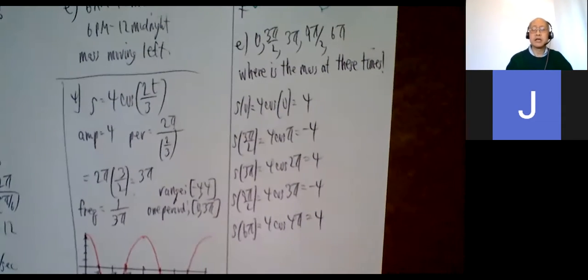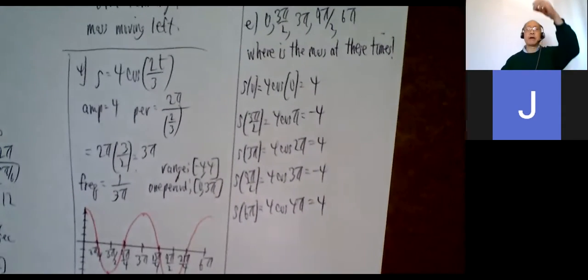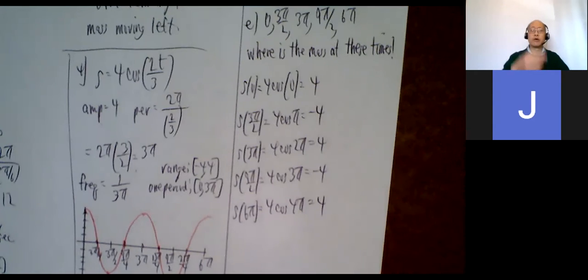Okay, and this does make sense. Imagine you have a spring that bounces up and down, up and down. Maximum is 4, minimum is -4. Well, right at 4, the velocity is 0 because it's not moving just for an instant and then it goes back the other direction. Likewise, when you're at the minimum at -4, it doesn't go down anymore. It ever so slightly for an instant stops and then it goes back up.